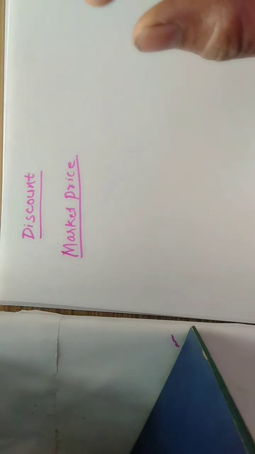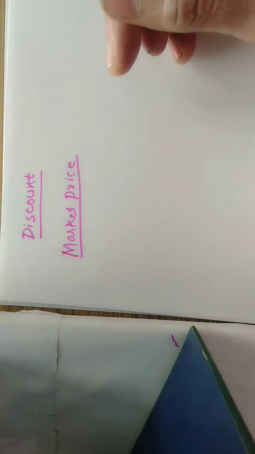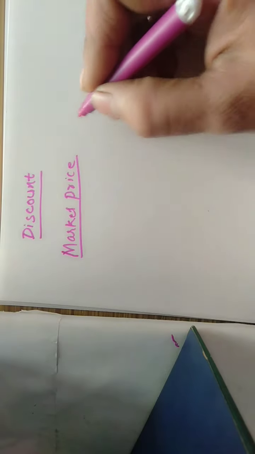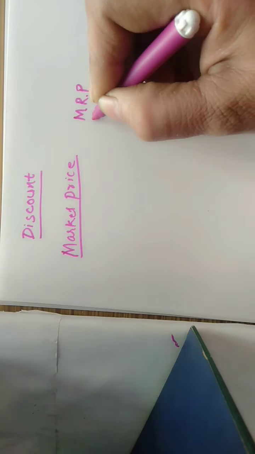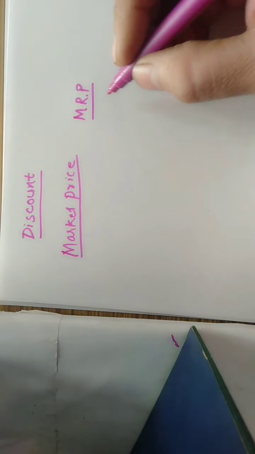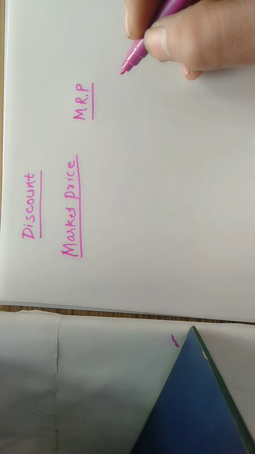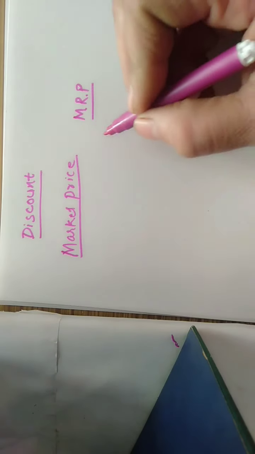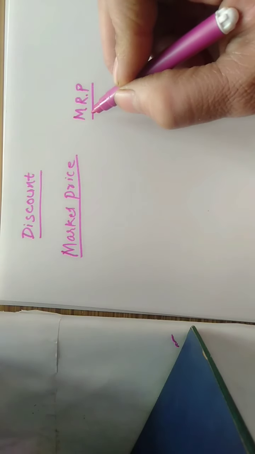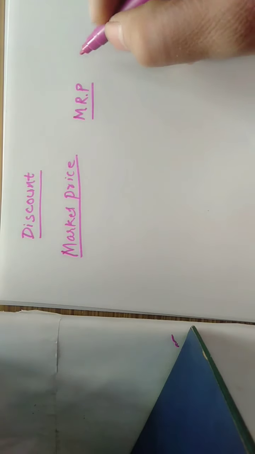You will see the price written as MRP, maximum retail price. This is written on the box. It is generally written on all types of items.